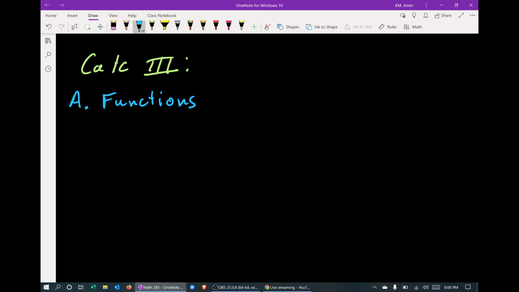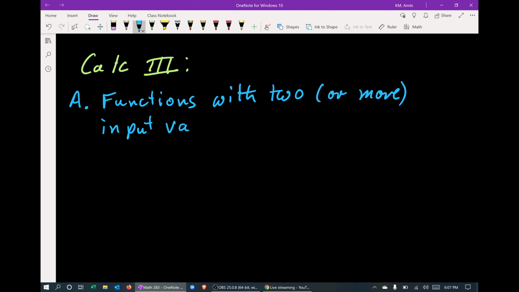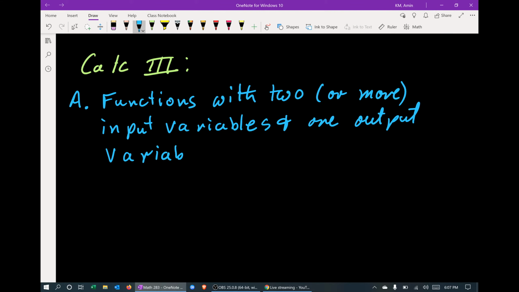Functions with two or more input variables and one output variable. In Calculus 1, we looked at one input, one output, right?